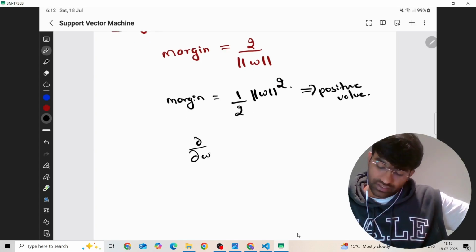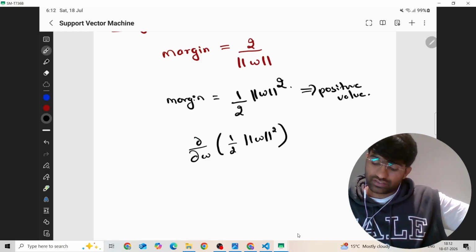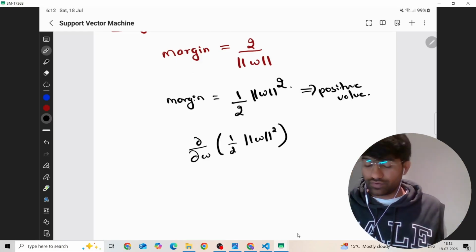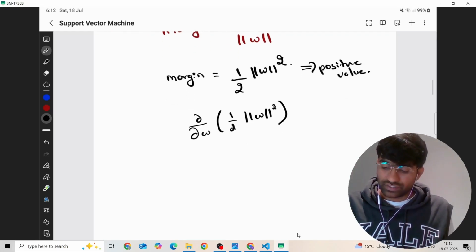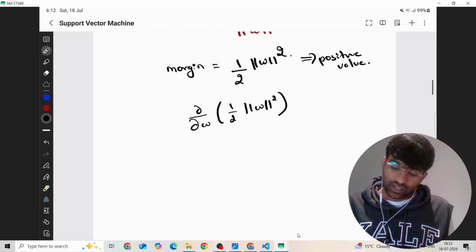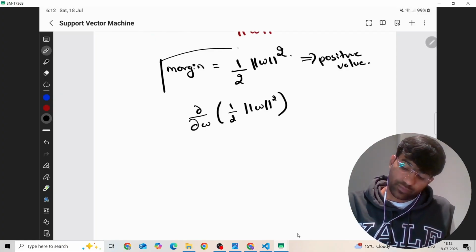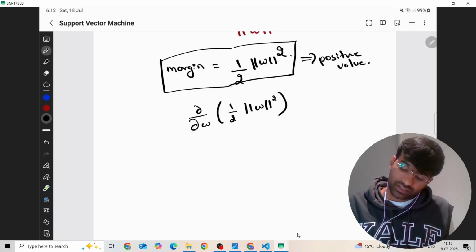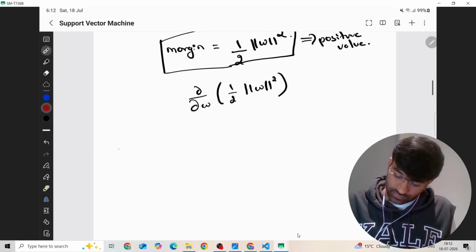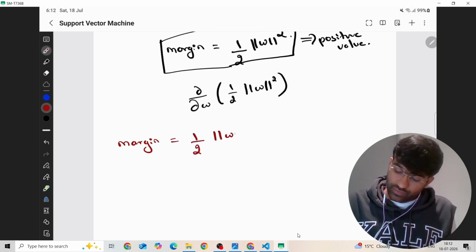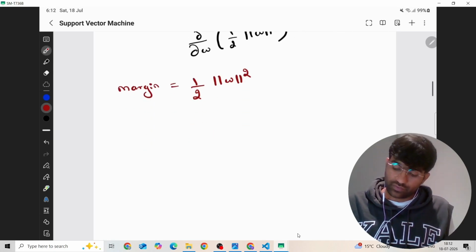It will be easy for derivative purposes. If you make the calculations using the derivative, it will be easy for me. So I will just inverse and square the margin equation to get the positive value. So this term is important. Margin is equal to 1 by 2, absolute value of the weight vector squared.